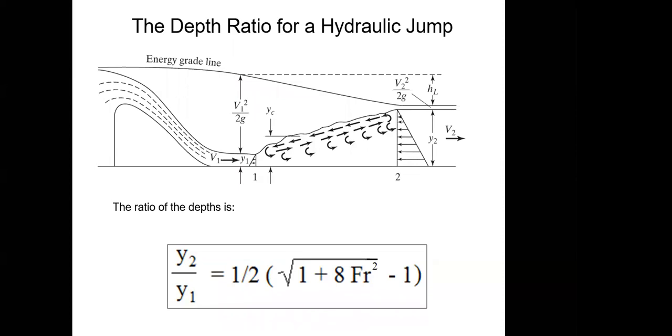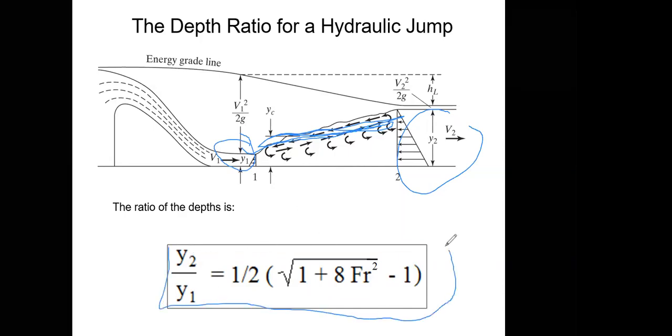So the ratio of the depth during the hydraulic jump, if you see here, we try to get to this point, but it's not going to go directly from Y1 to Y2. So this is Y1 and this is Y2, but you're going to have this region with a very turbulent surface over here. And the ratio of the depth can be derived into these relations.